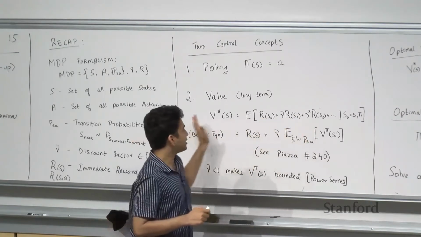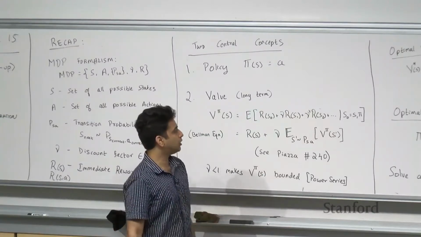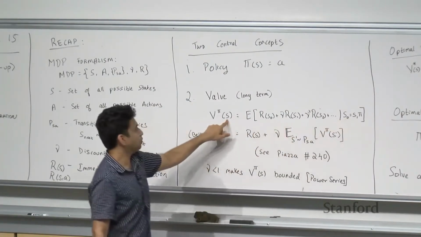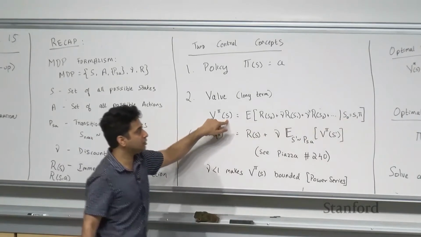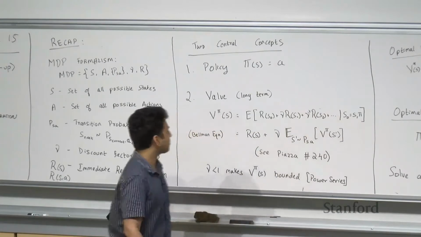And it is the expected sum of these future discounted rewards, assuming we are starting at a state s_0 equal to the point where we are evaluating the value function, and assuming we are following some particular policy pi.